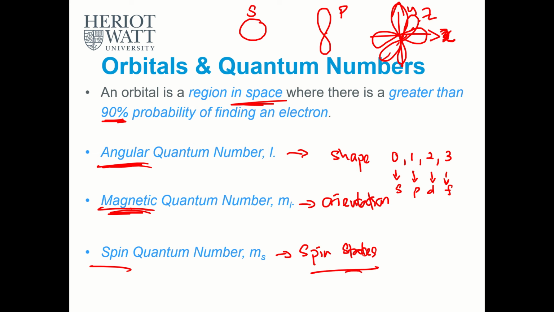What is that spin state? Spin state is when I have an electron. Let's say this arrow is 1 electron, and these electrons are free to spin, either clockwise or anti-clockwise. So they can spin in either direction. And knowing that this is negatively charged because it's an electron, right?